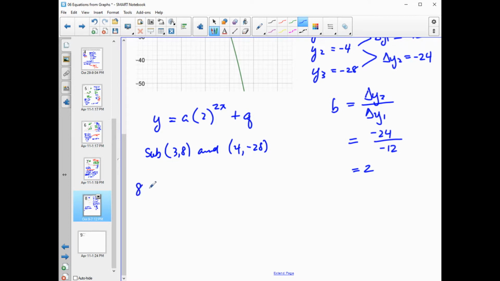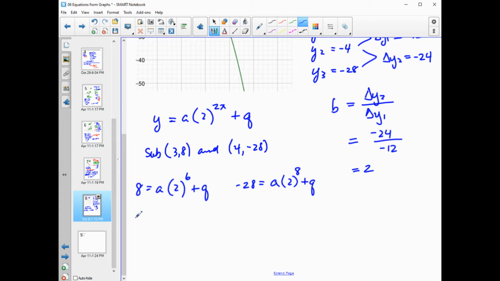So I get 8 for the y value equals a times 2 to the 2 times 3. Don't forget the x value is 3, so 2 times 3 is 6, plus my q value. And then -28 equals a times 2 to the, and in this case the x value is 4, 2 times 4 is 8, plus q.